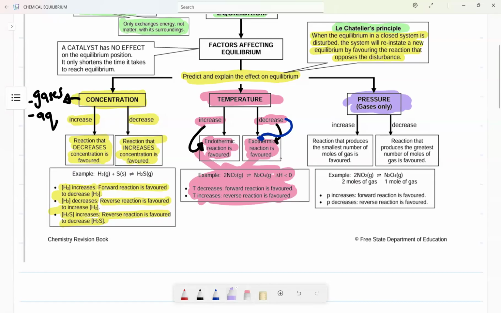So now let's see what this says to us. It says that if there is an increase in the pressure, the reaction that produces the smallest number of moles of gas is favored.